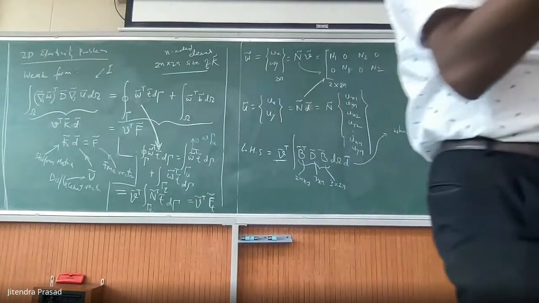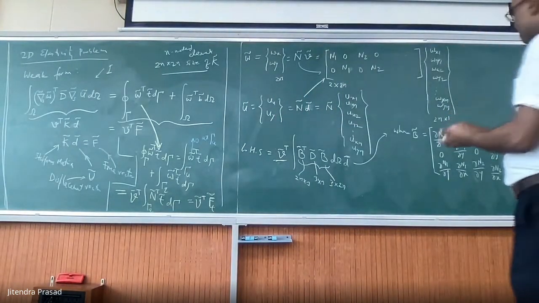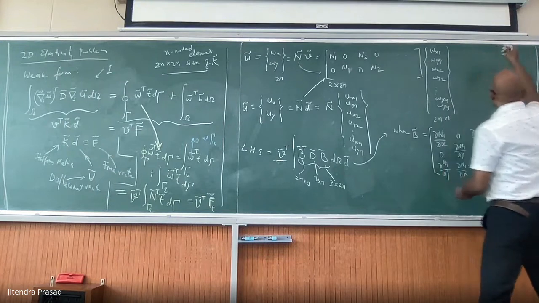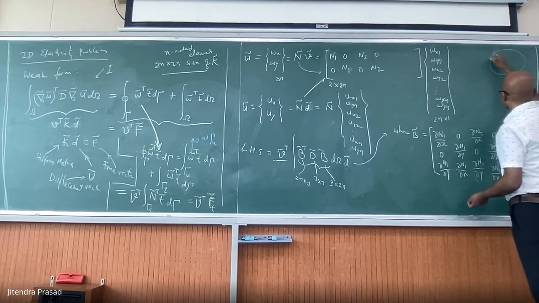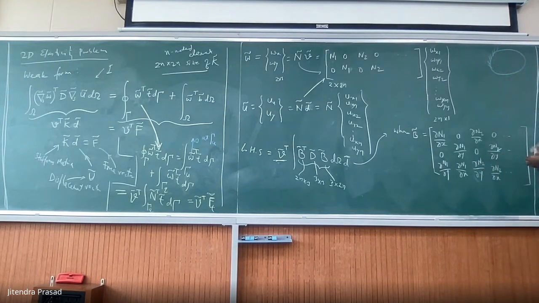Any question? Okay. Looking at some faces, it looks like you did not get what the meaning of the surface is when I say surface traction. See, this T is given here, right?